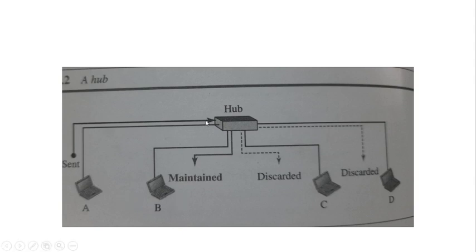Since the frame is meant for station B, the hub will broadcast the frame to all the devices, that is B, C and D, except A, because the frame comes from A, so the hub will not send the frame back to the port connected to A. It will send the frame to all the other devices, and only B will keep it, and the rest will discard the frame as it is not meant for them.